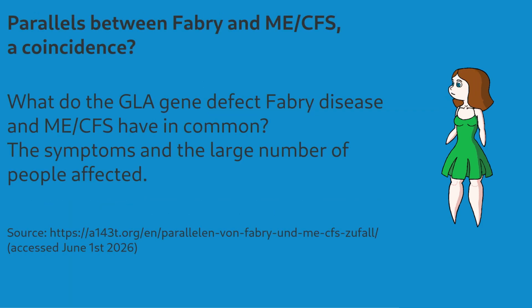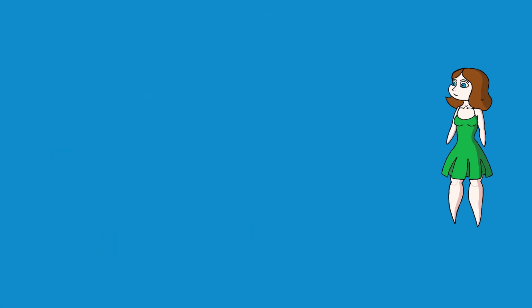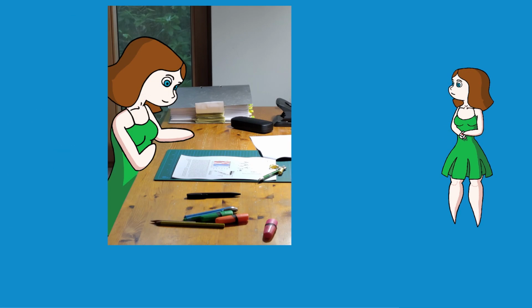So in this video, we are going to explore if ER stress might also explain some of the characteristics of these disorders. Of course, we cannot do experimental research, so we'll have to rely on literature research. So in this video, we will try to answer the question if ER stress can explain the similar problems that occur in non-classical Fabry disease, ME/CFS and long COVID.